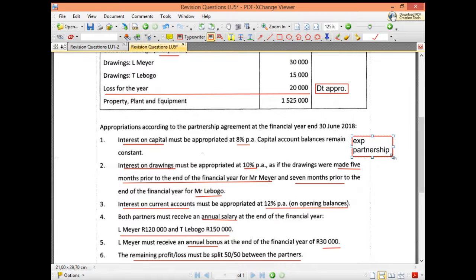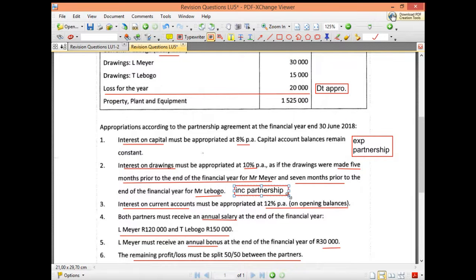Now, why do they tell you the number of months? That means we have to apportion the interest we are charging. Now, drawings, because we actually do not want a partner to withdraw their money, this is income to the partnership. So we are penalizing each partner for taking money out of the business.